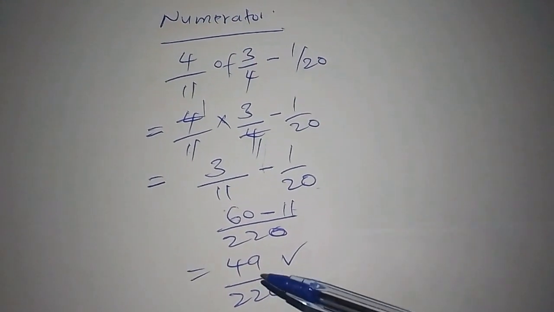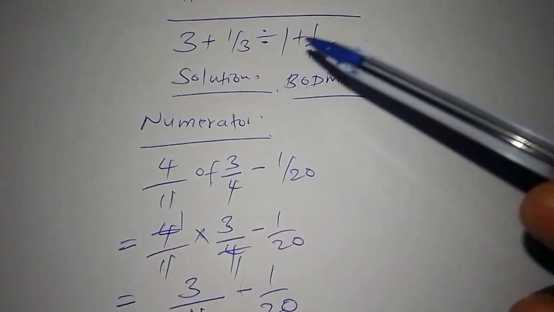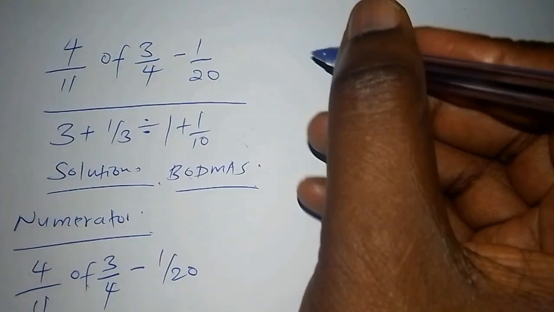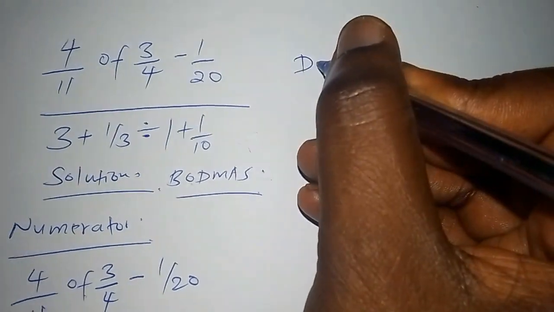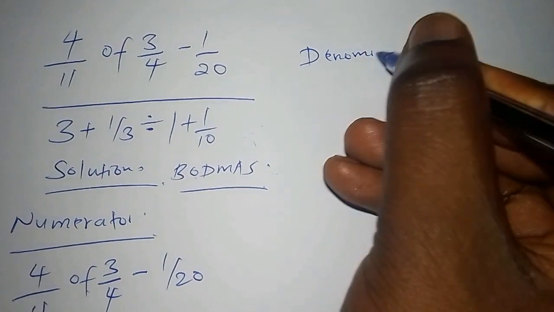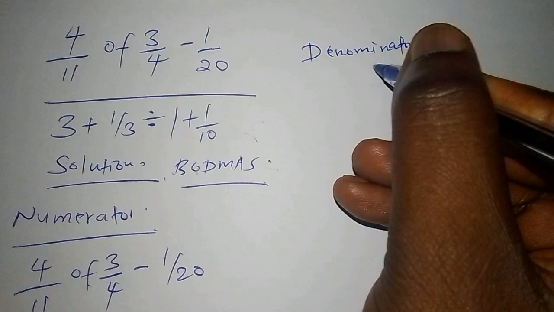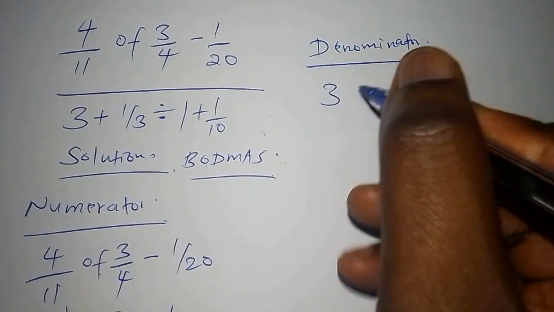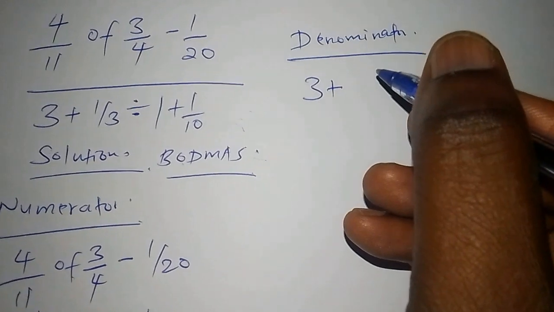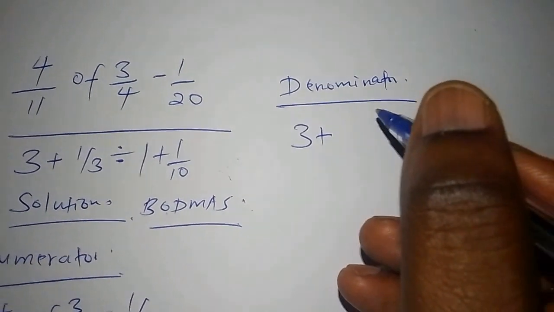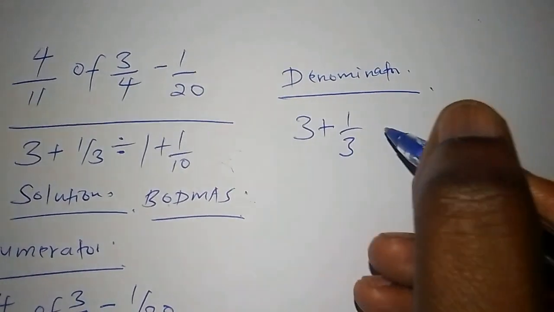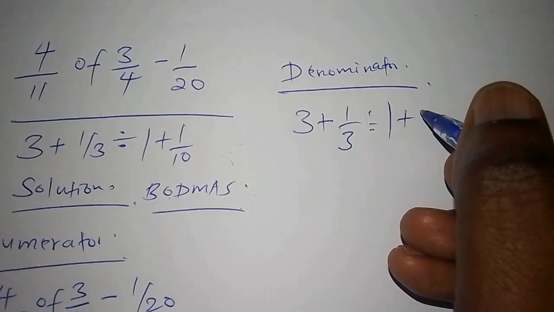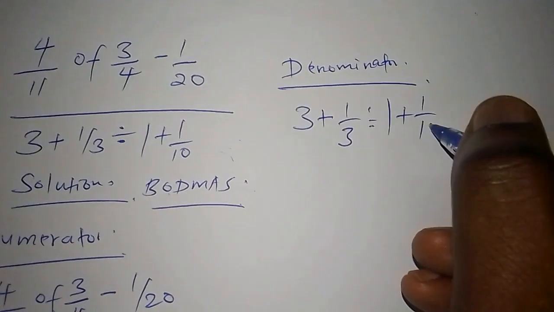Let's now move to the denominator. The denominator is this part here. So we are working out the denominator, so allow me to write the denominator. We have 3 whole add 2 a third, divide by 1 whole add 2 1 out of 10.